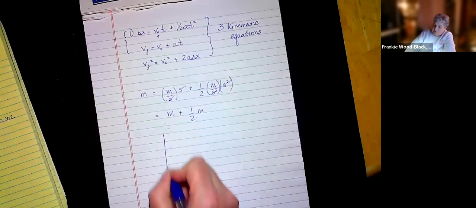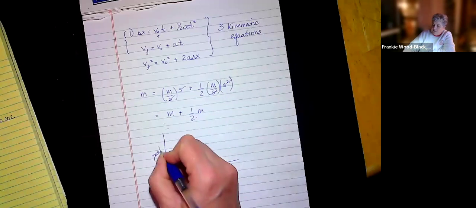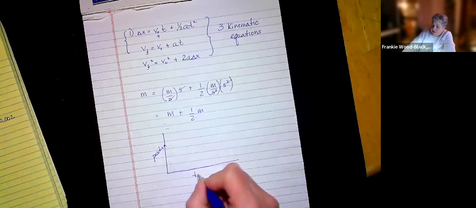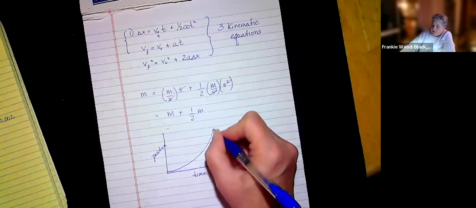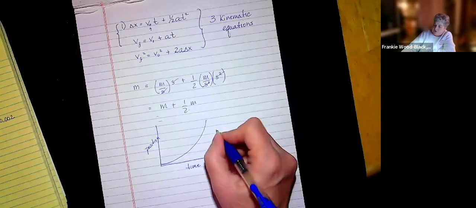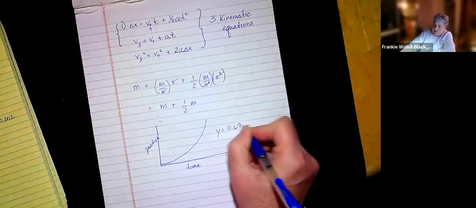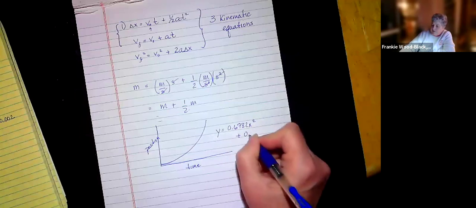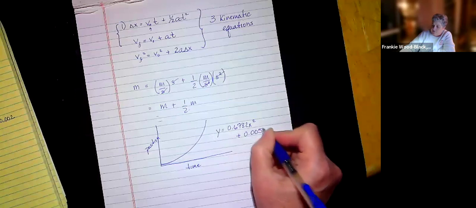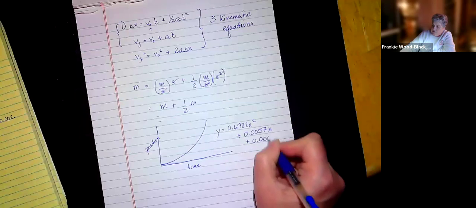So if I do a position versus time plot and I get a curve, what we saw when I did that one, I showed you that y was equal to 0.6782x squared plus 0.0075x plus 0.002.